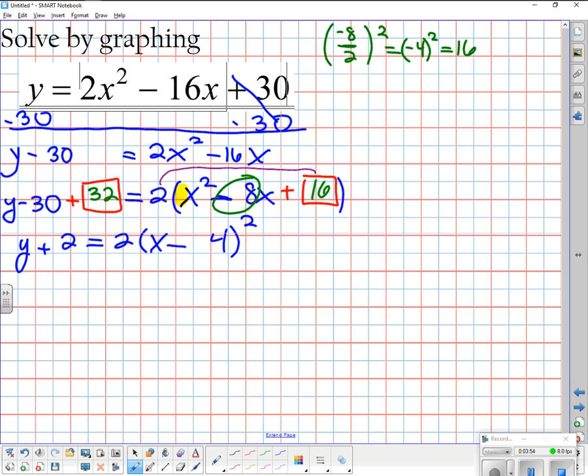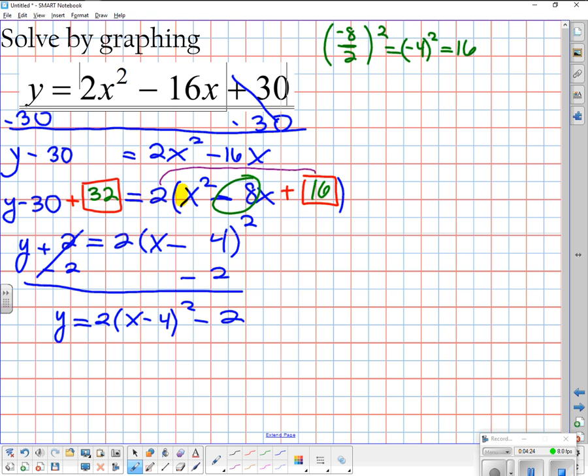Now get the y by itself. I'm going to do minus 2, minus 2. This will cancel, so you have y is equal to, these cannot be combined because this is squared in parentheses, x minus 4 quantity squared minus 2.